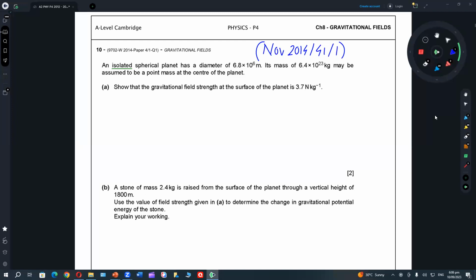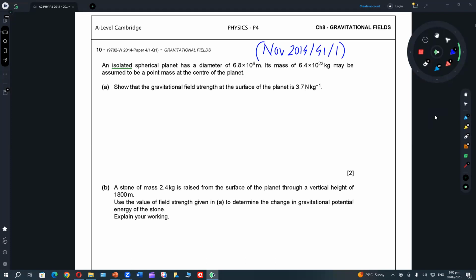Gravitational field strength means small g, and he's asking for small g. This is the unit of small g. So you have to see what type of data is given to you.